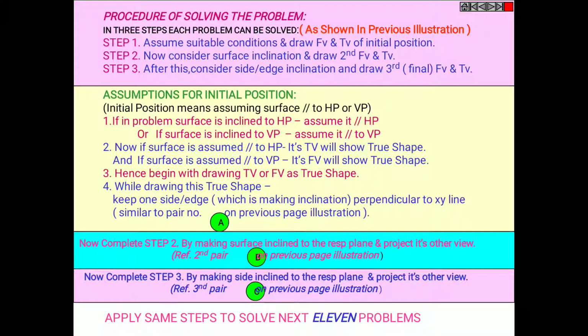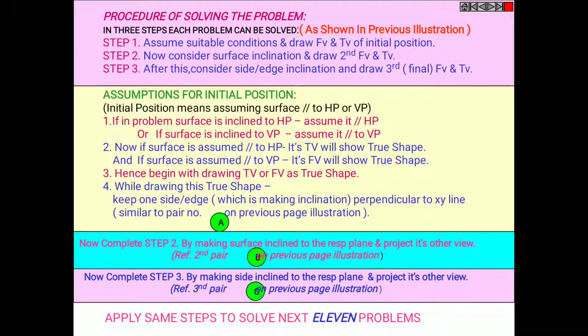The first case is, if in the problem the surface is inclined to HP, assume it parallel to HP, or if the surface is inclined to VP, assume it parallel to VP.